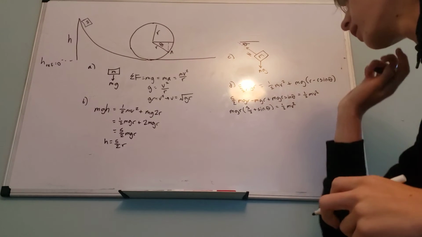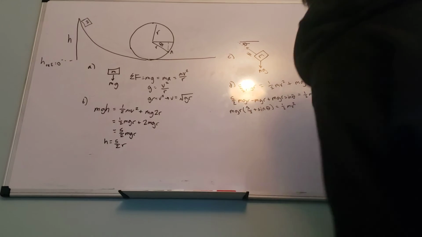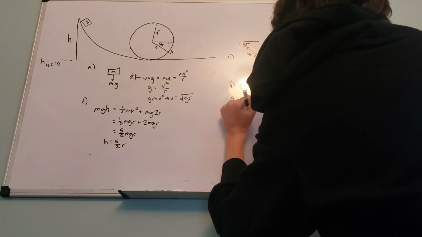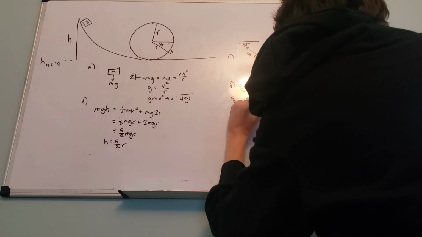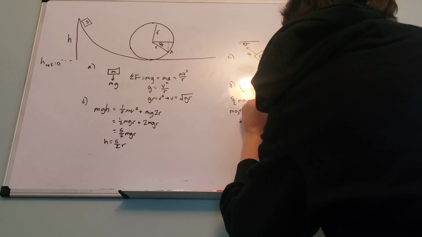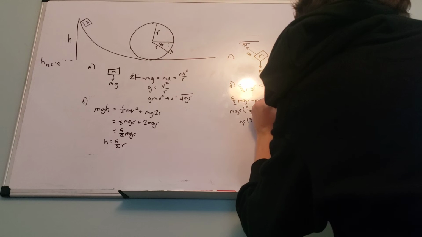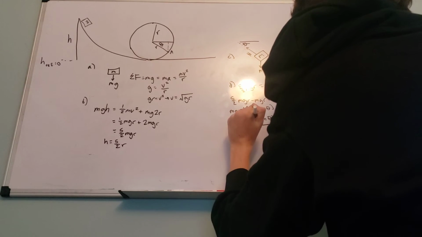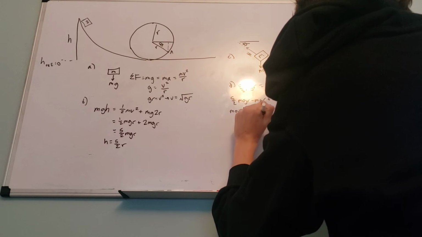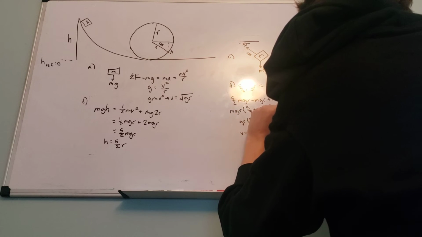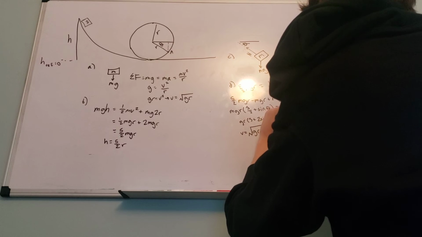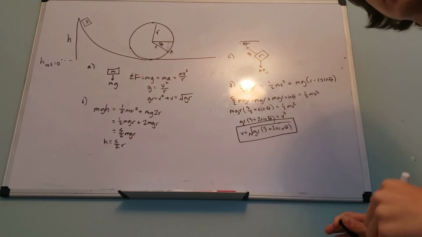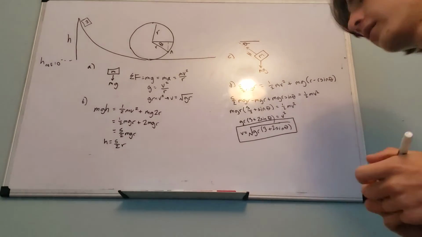We can take out mass, and then I'll multiply both sides by 2. So that is our speed at point A.